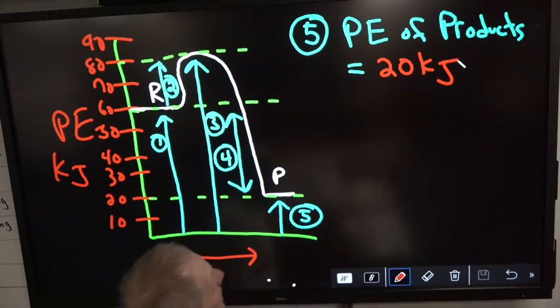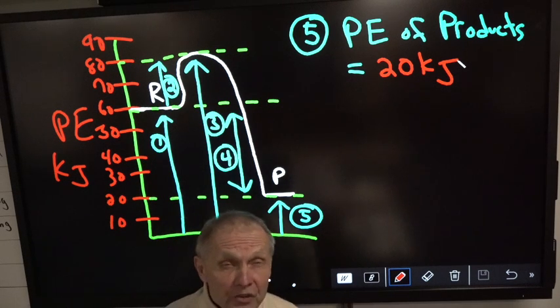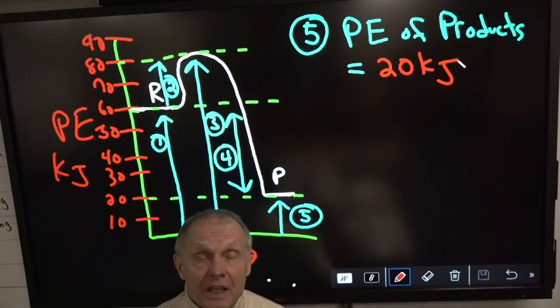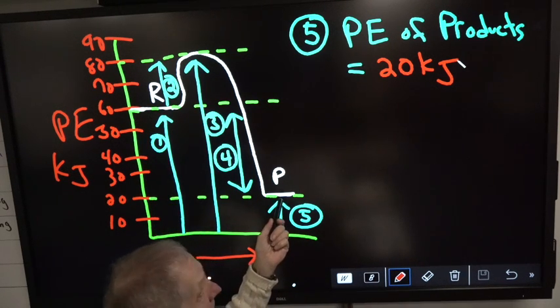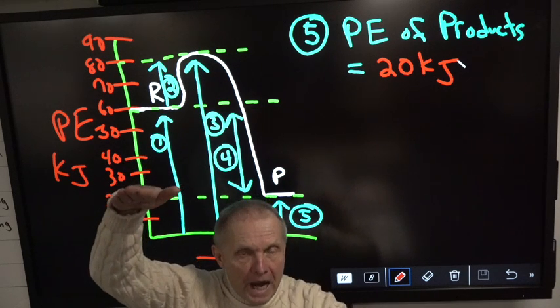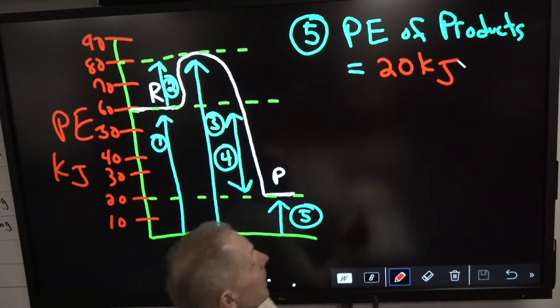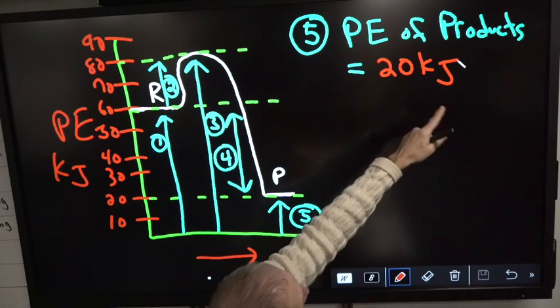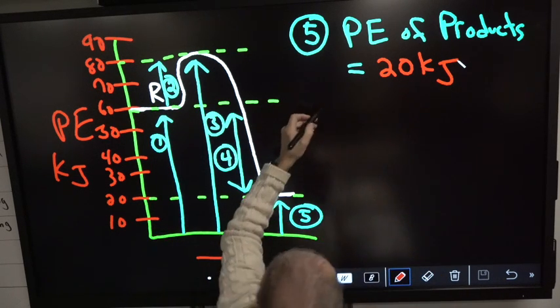And the PE of the products is 20 kilojoules. But where the products are located tells you everything you need to know about the reaction. So look at the products compared to the reactants. If the products are lower than the reactants, that means they're more stable. So for number 5, PE of the products is 20 kilojoules. Let's put down A underneath.